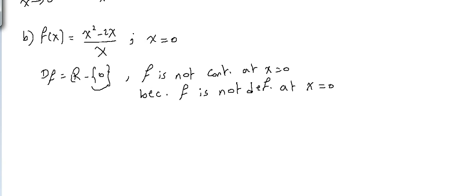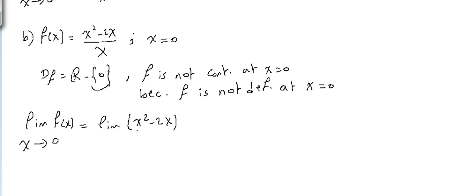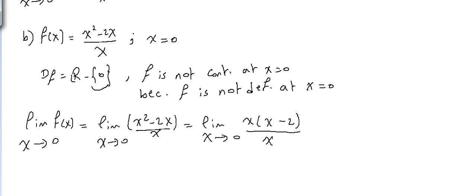Okay. How to know that? The limit of f of x as x tends to 0 is equal to the limit of x squared minus 2x over x when x tends to 0. And this equals the limit as x tends to 0 of x times x minus 2, by factorizing the numerator, right? Because we cannot substitute 0 anyway.